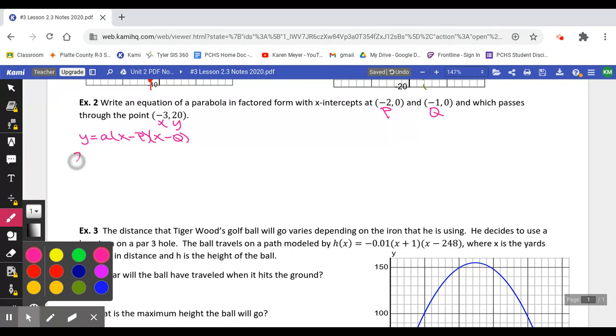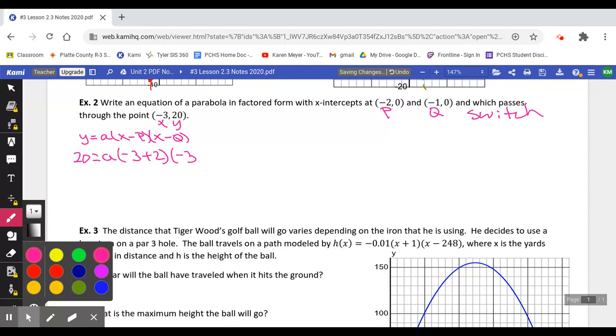So for Y, you're going to plug in 20 equals A, parentheses, X is -3. But now P, remember, you can't just put -2 because for P and Q, we always talked about how you have to switch the signs. So you're going to actually write it as +2. And then X, which is -3.